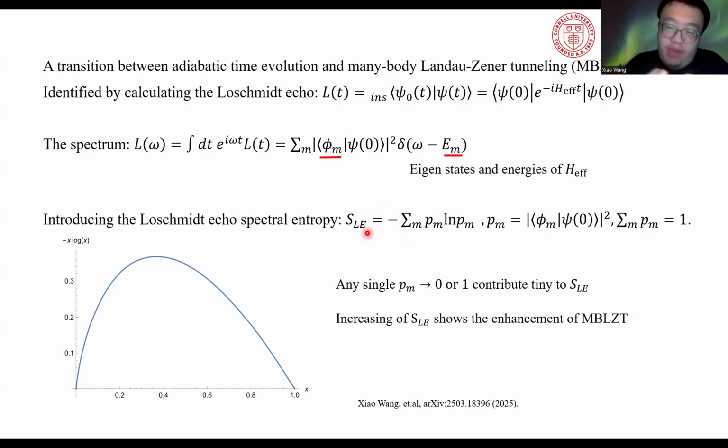And if we have many more peaks in this spectrum, for example if all the eigenstates have a contribution to the initial state, then the number of peaks will be exponentially large, and the logarithm will extract out an exponential in the system size, such that we will have a linear behavior of the Loschmidt echo spectral entropy with system size. So this quantity could be used to detect the strength of the many-body Landau-Zener tunneling process.